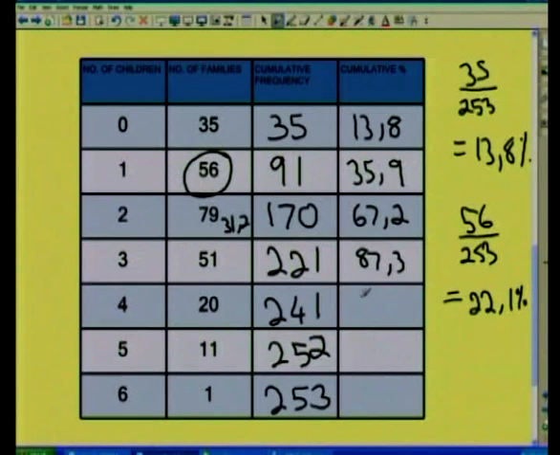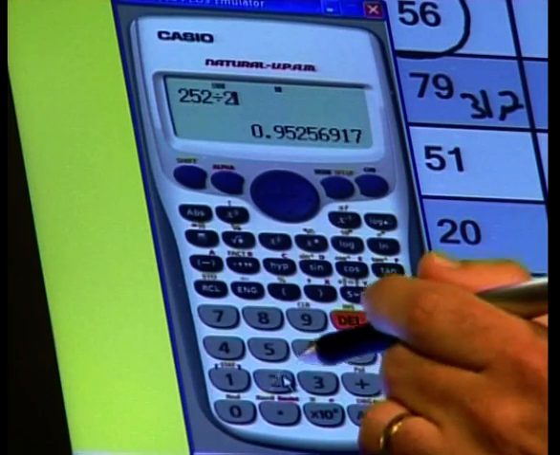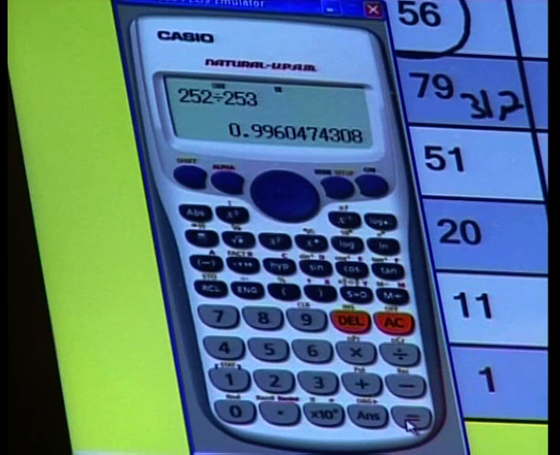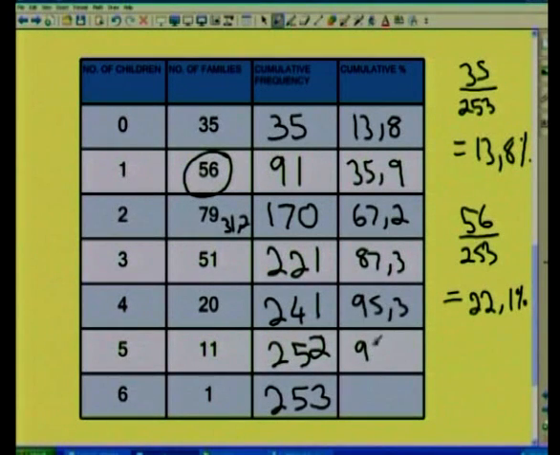We'll round up this time. 252. And that's 99.6%. Let's just round it to 99.6 there. The last one is going to add the last 0.4%, and so our total comes to 100%.